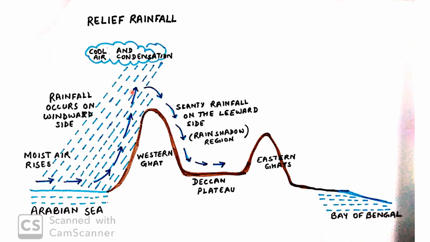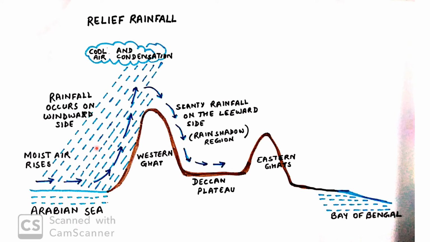Now wind is constantly in motion. It will not stop. After coming to this end, it starts to come down along the slope of the other side of the mountain, that is the other side of the Western Ghats. Here the winds were ascending, cooling took place, condensation occurred, resulting in rainfall.